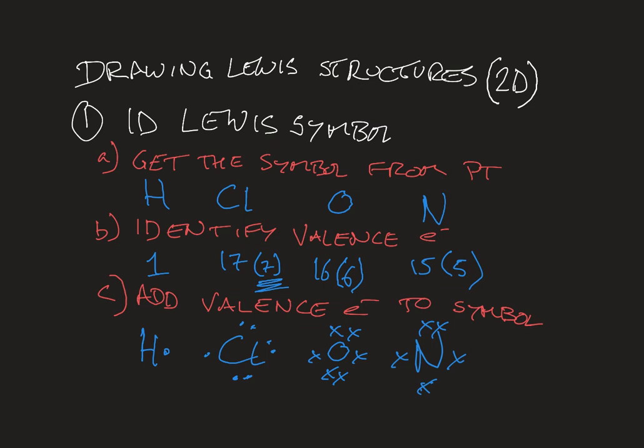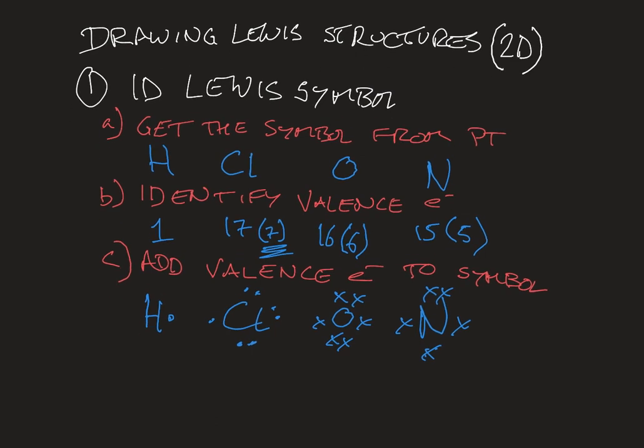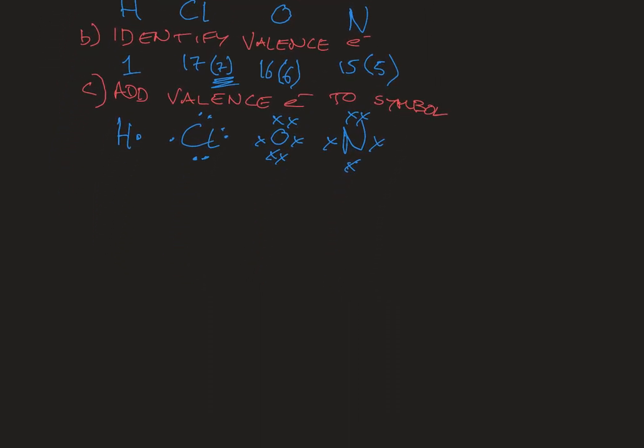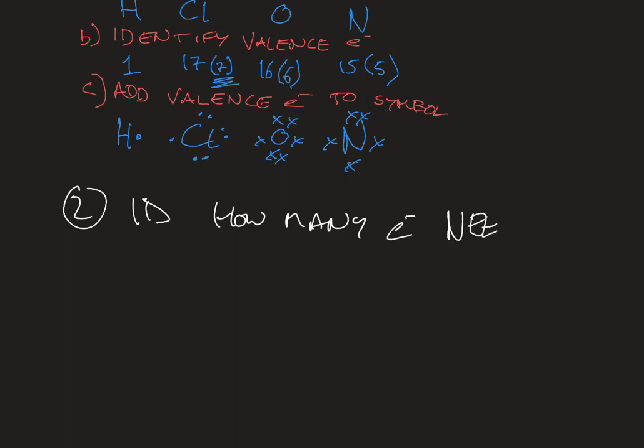So now we're going to move on to step 2, which is about the covalent bonds. So I'm going to zoom out a little bit, just lift this up here. Right. Step 2 is we're going to identify how many electrons the element needs to complete the octet.